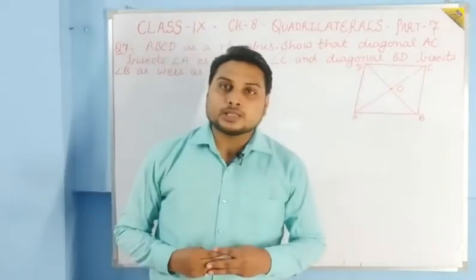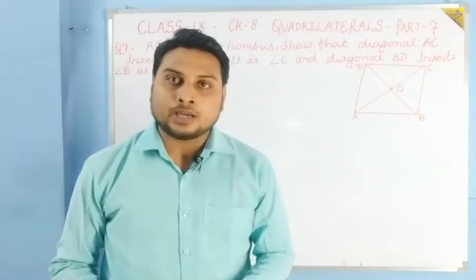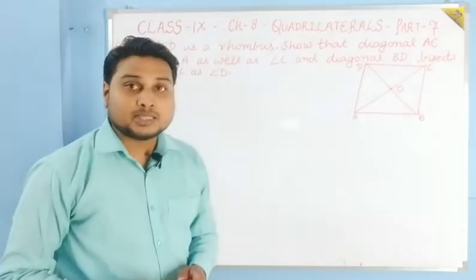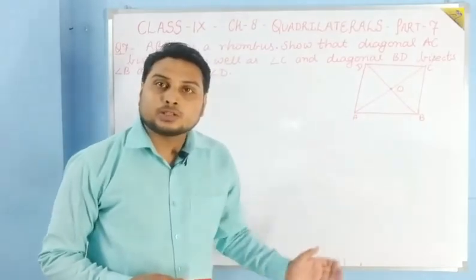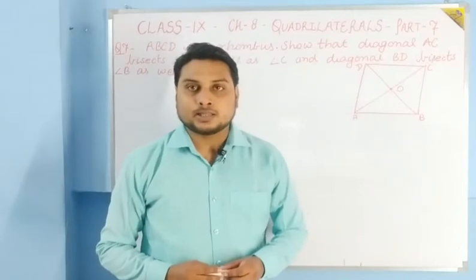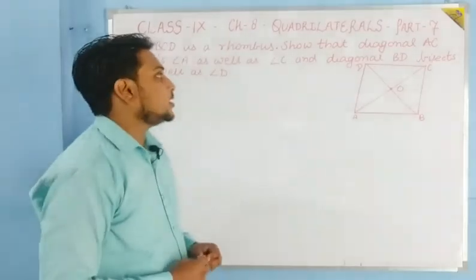Why from question number 7? Because question number 6 and question number 8 of this exercise are based upon question number 7. Means if you do question number 7, then you can solve question number 6 and question number 8 also. So let us start the 7th question of this exercise.